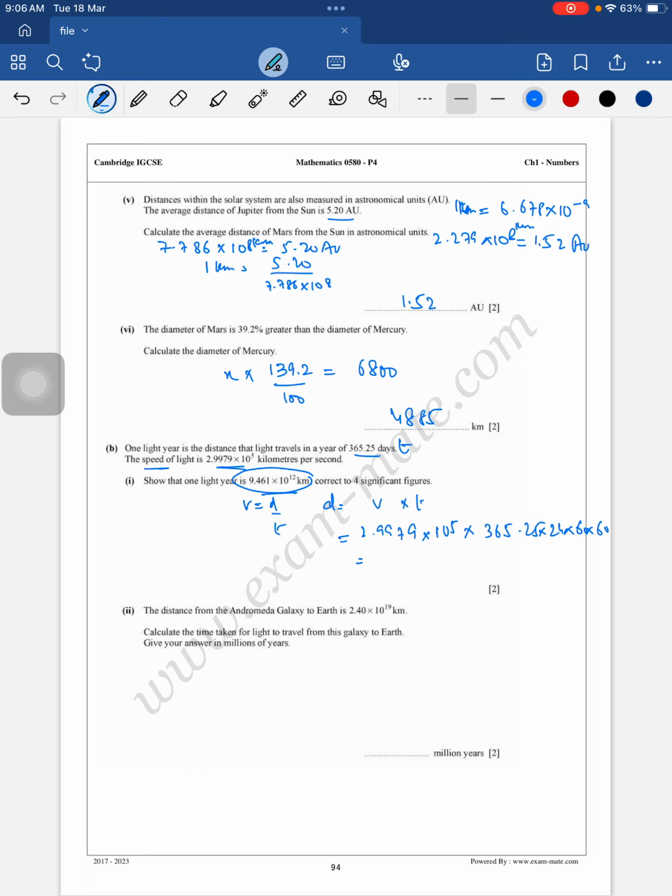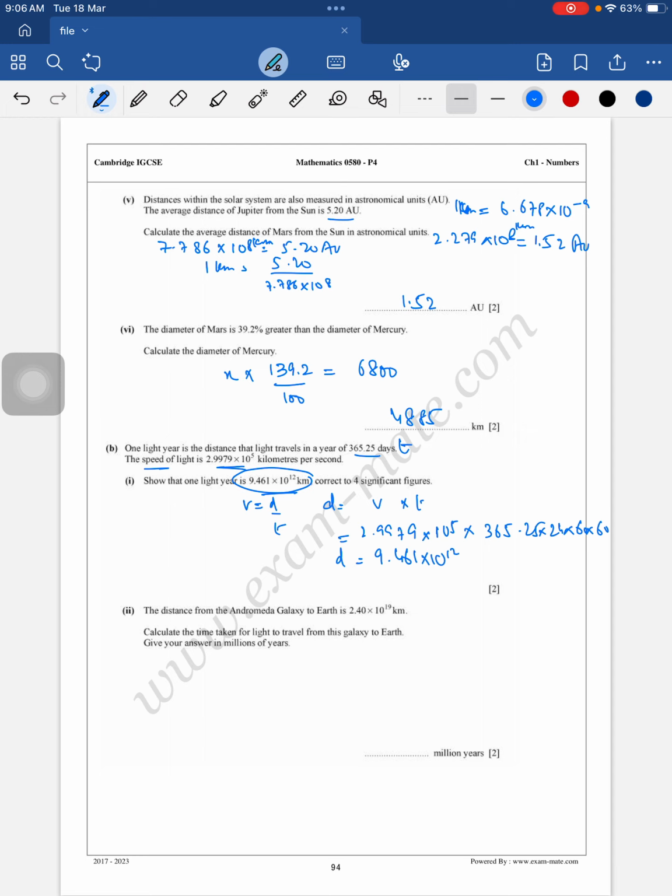So we have 2.9979 exponent 5 multiplied by 365.25, 24, 60, 60, which gives 9.46 exponent 12. So 1 light year is equal to 9.46 exponent 12 kilometers.